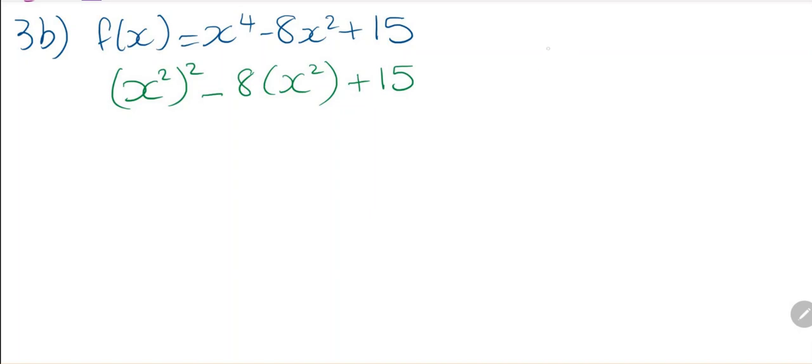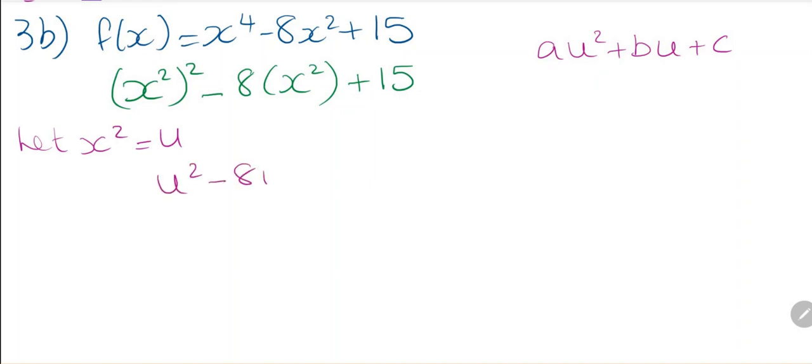This is where I have au squared plus bu plus c. So I'm going to say let x squared equal u, and I'll have u squared minus 8u plus 15, and now I can solve this equation, so factor.